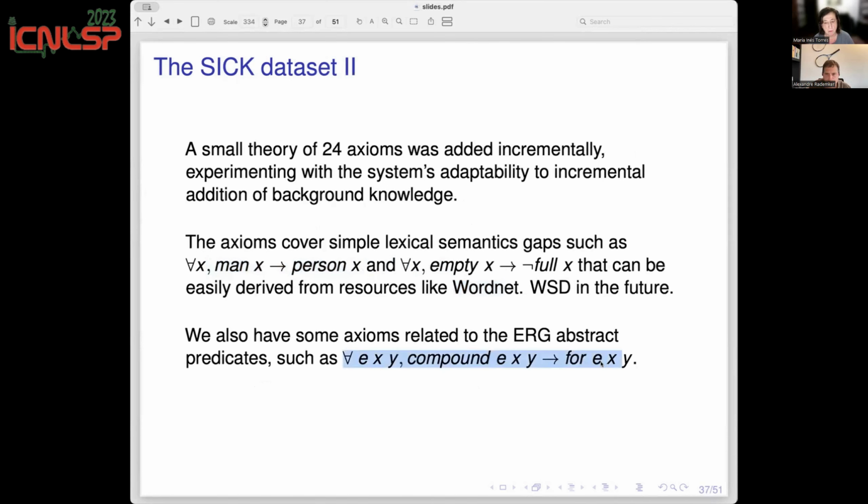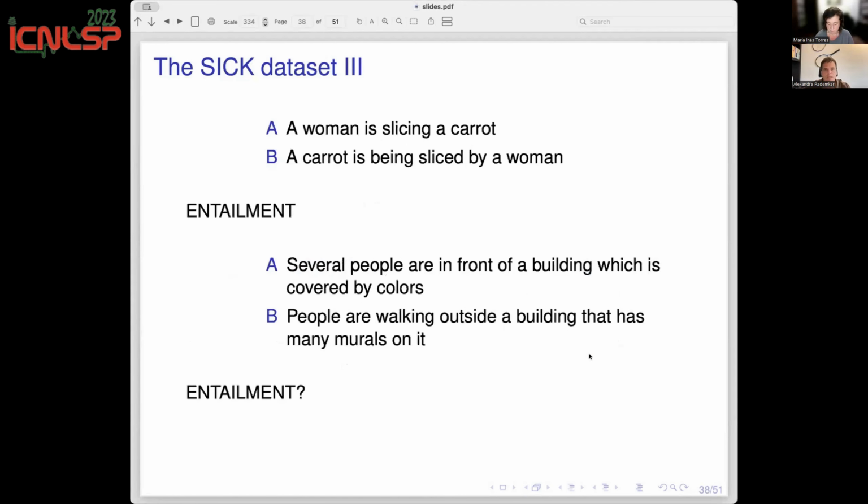We also have some axioms that semantically define the ERG predicates. The English Resource Grammar has abstract predicates like compound, which generalizes the idea of noun compounds. What is the semantics of noun compounds? To deal with that, we also have axioms over those predicates.